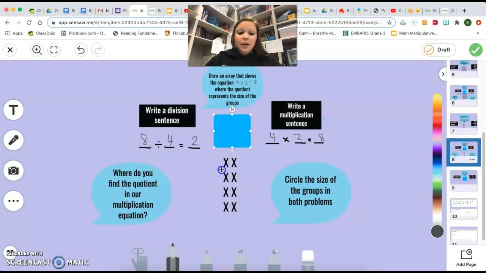So we know how many are in each group. 1, 2, 3, 4. There's 4 groups, and there's 2 in each group. So we know that the 2 in the division problem and the 2 in the multiplication problem both represent the size of the groups. And the quotient, or the answer to the division problem, is the same 2 as it is here in the multiplication problem.